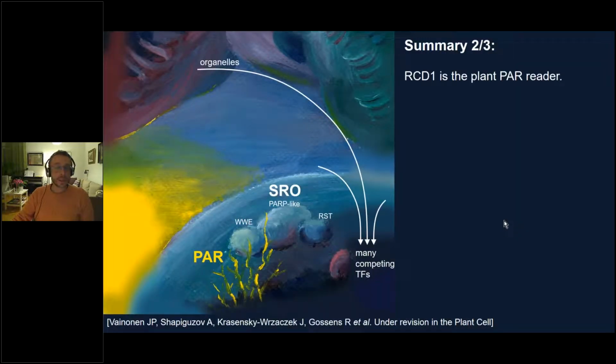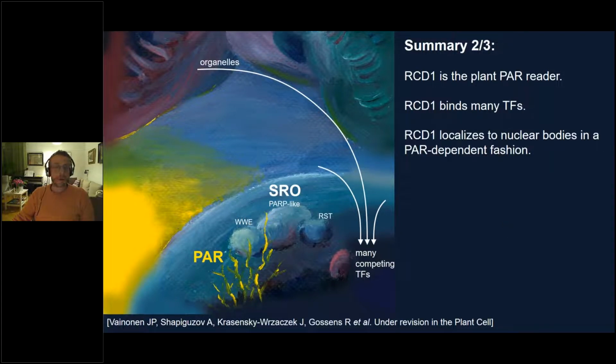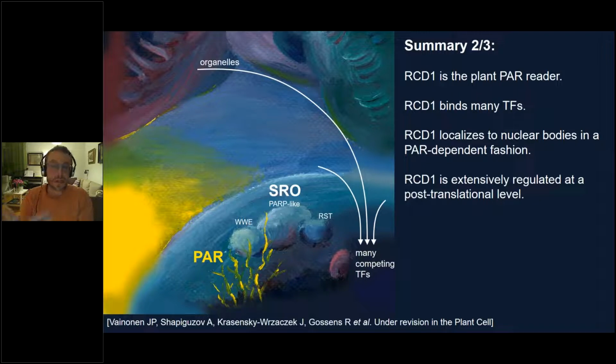So RCD1 is a novel plant reader. It binds many transcription factors. It's localized to nuclear bodies in a PAR-dependent way. It is extensively regulated at a post-translational level. You have seen that it's regulated through thiol redox regulation by the ROS produced in the chloroplast.